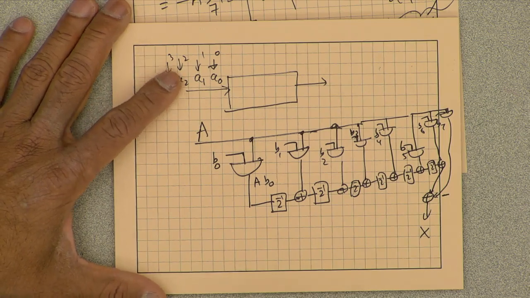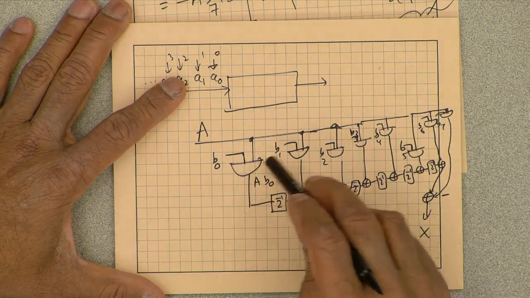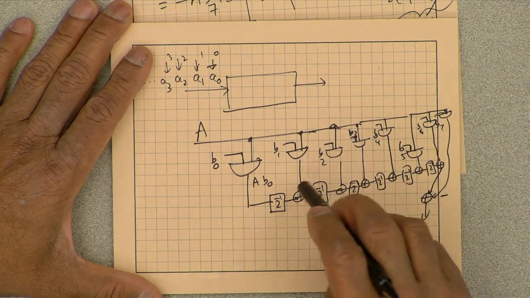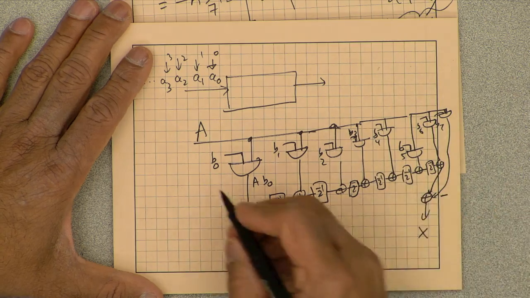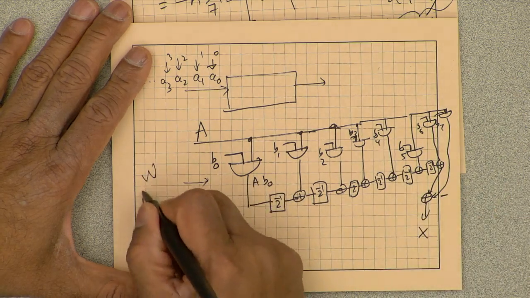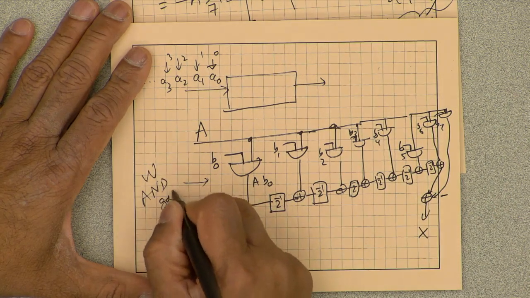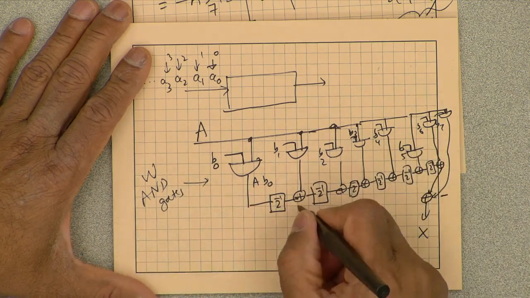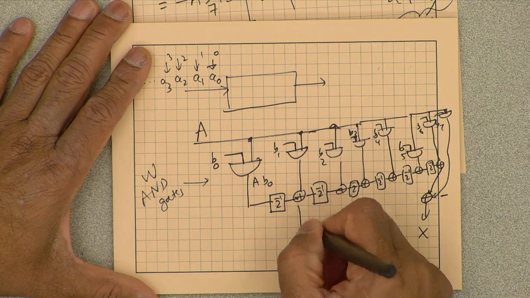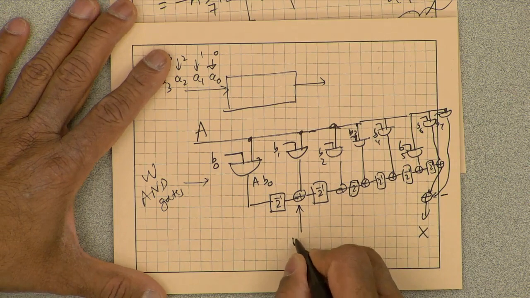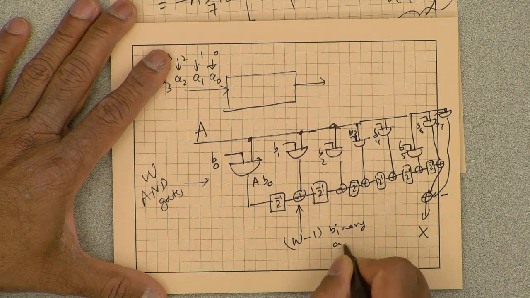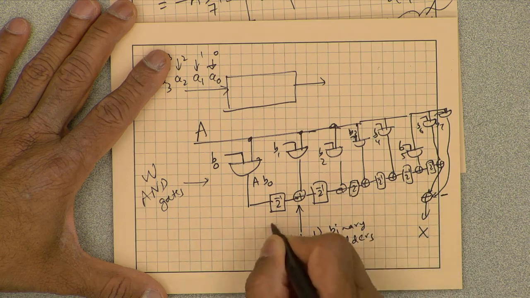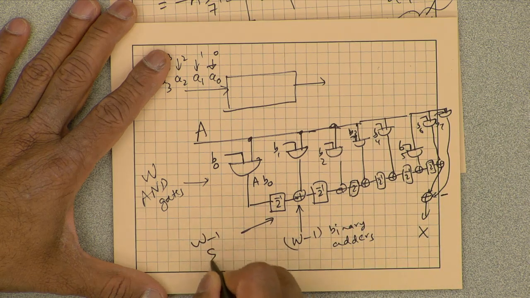So now we have W minus 1 AND gates and W minus 1 adders. Okay, W AND gates. So we have W AND gates to generate the partial products, W minus 1 adders, binary adders, and these W minus 1 scalars.